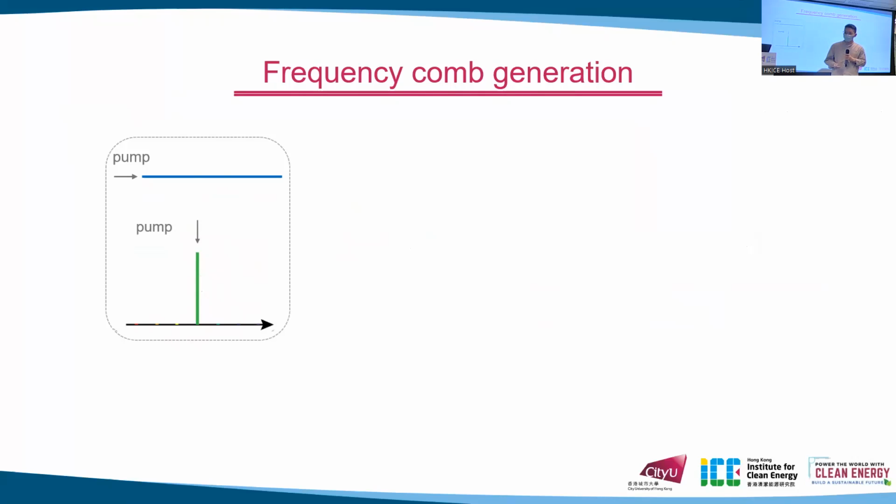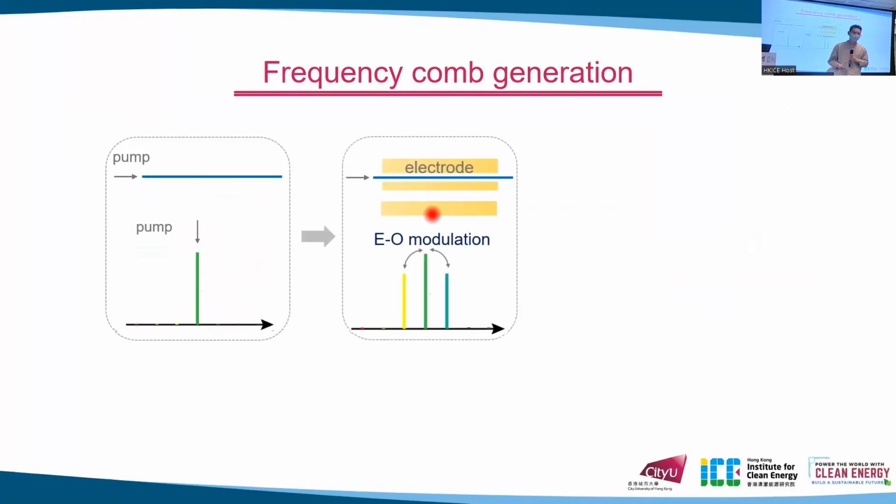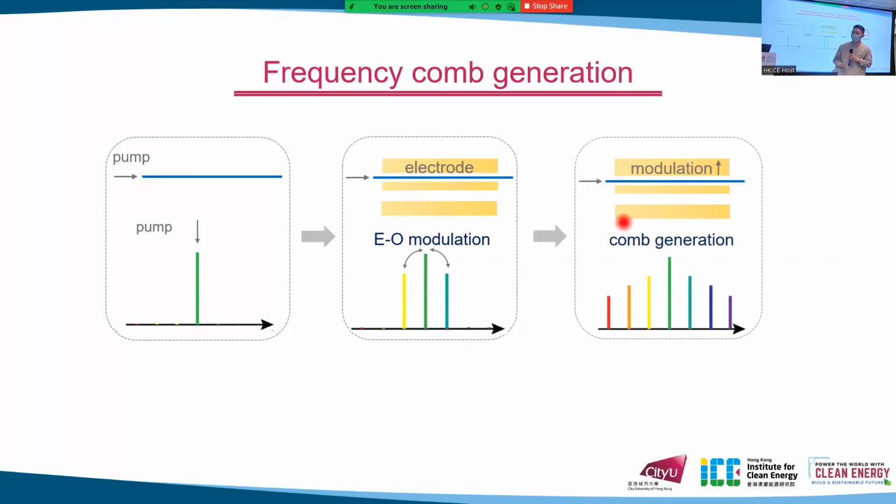So usually we use a phase modulator. The idea is that if we have a pump line and we do an EO modulation, this line will generate two sidebands. And if we increase the modulation, more sidebands will be generated. So this is the comb generation.